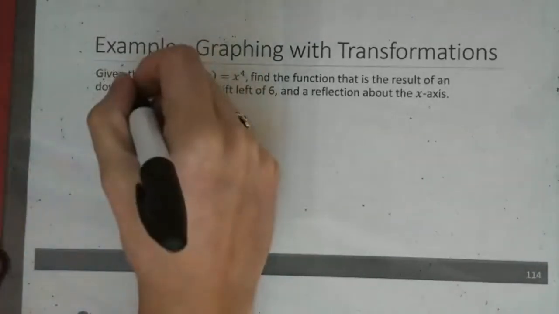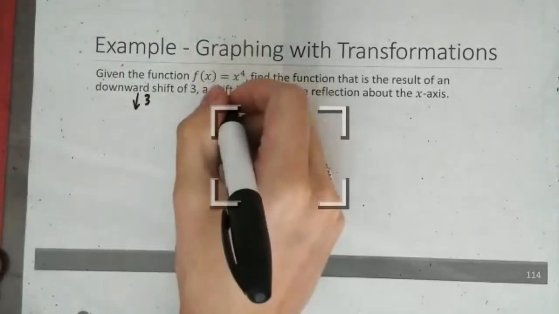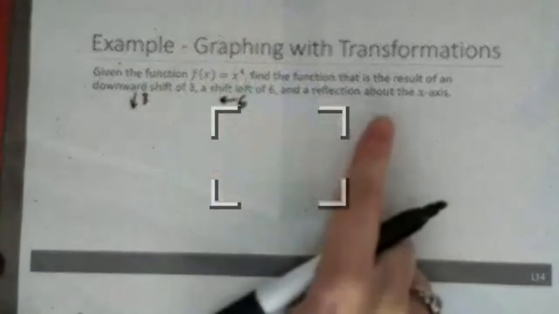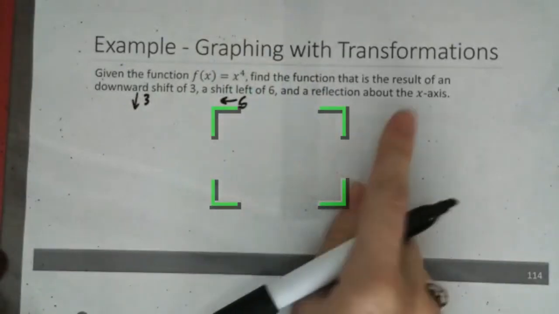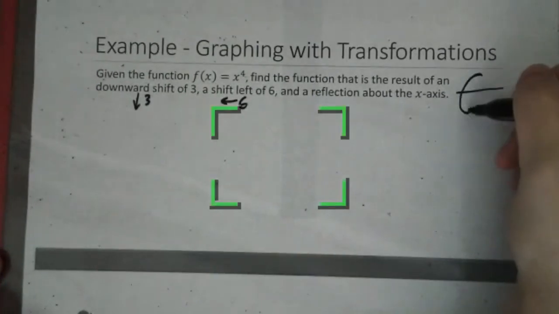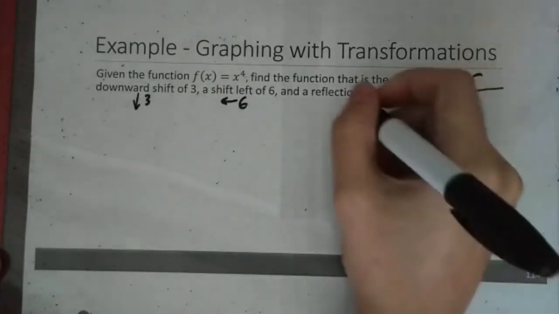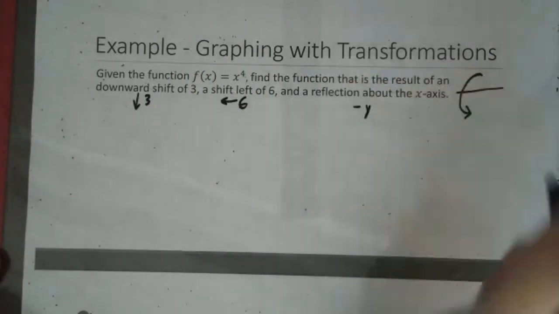Actually, let's just do a downward arrow 3. Shift left of 6, and then a reflection about the x-axis. The x-axis is the horizontal one, so if we want to flip over it, we are flipping in the y direction. So we need to put our negative with the y.